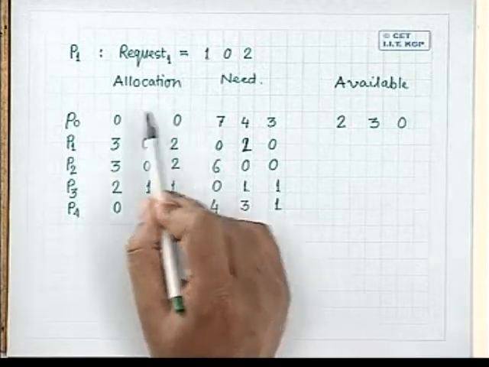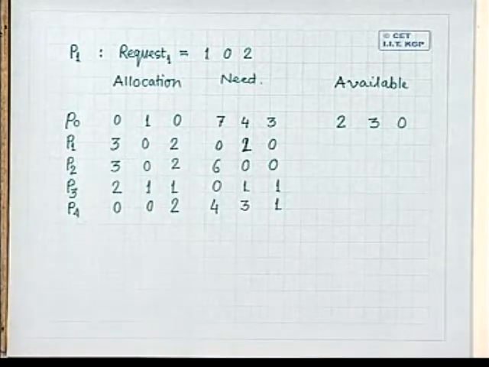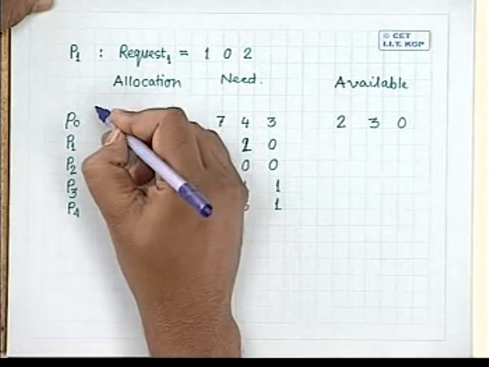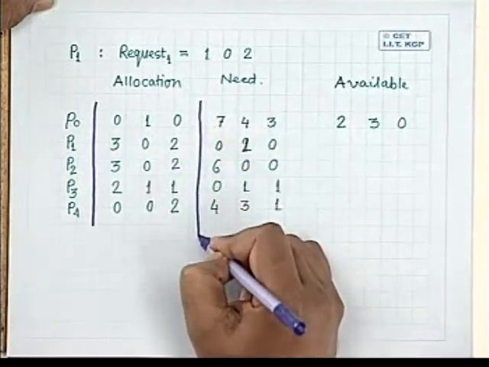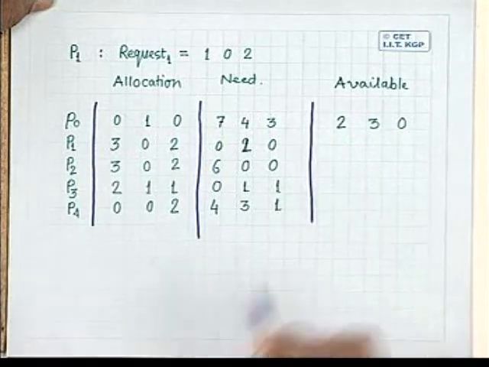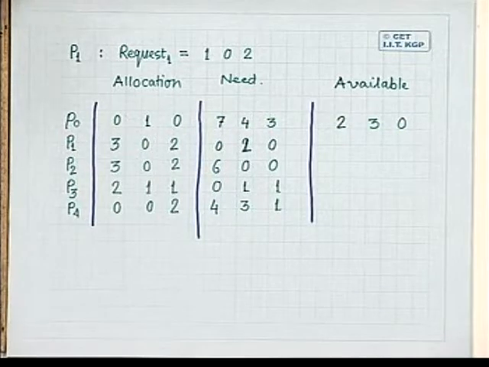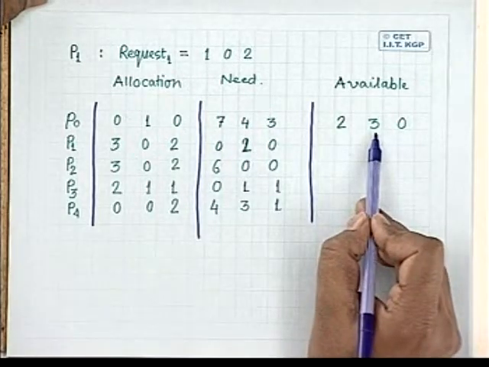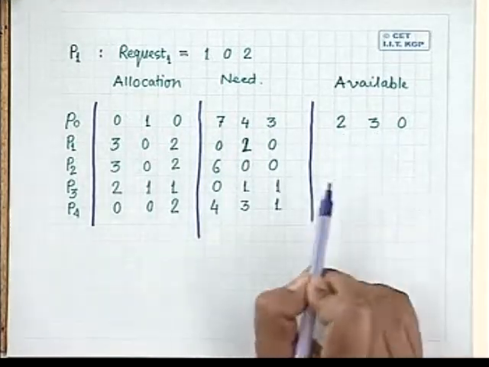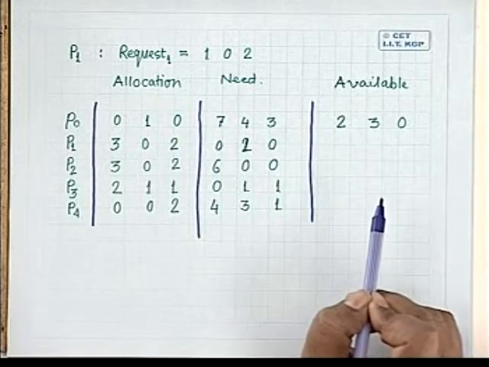Okay. Now after modification of the state, what we have to do is, again we have to see whether this new state is safe or not. So for that we have to start the safety algorithm. Okay. And in safety algorithm, what we will do is check whether future need of processes can be completed with the help of available resources at that instant. Okay.